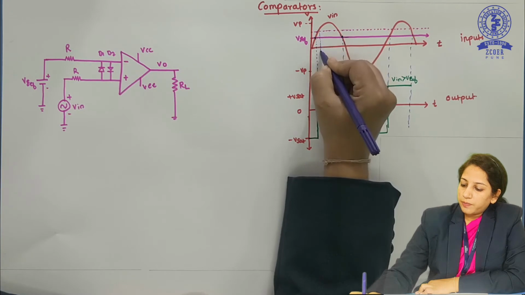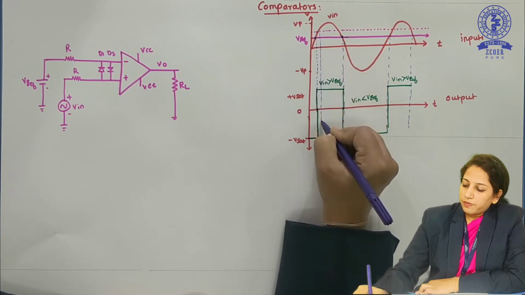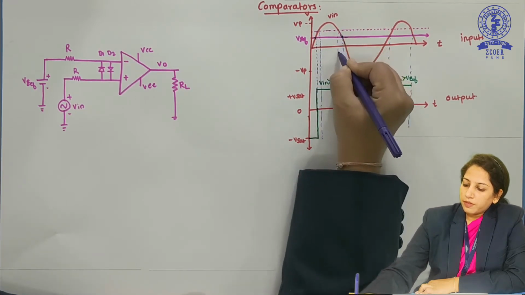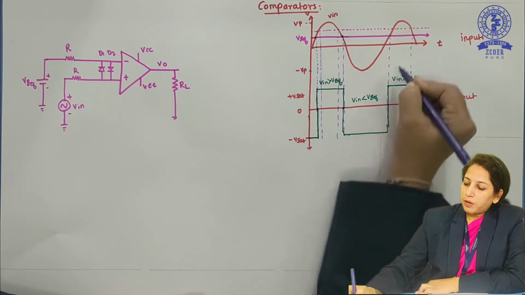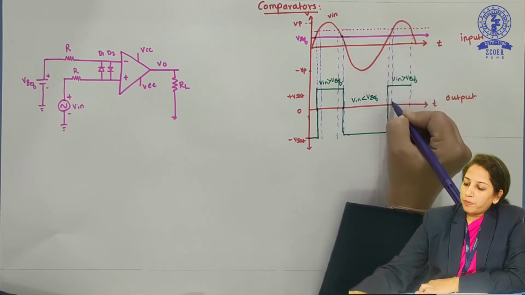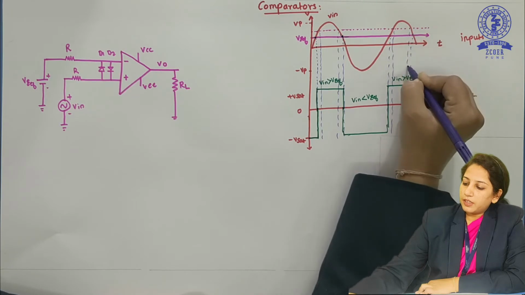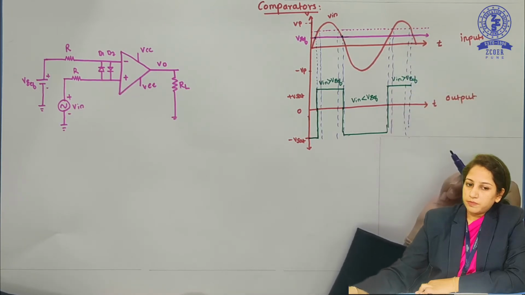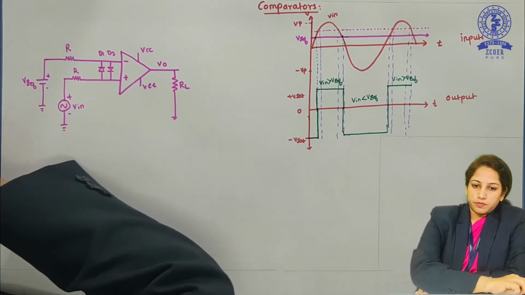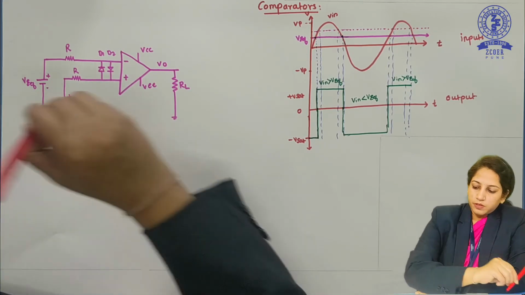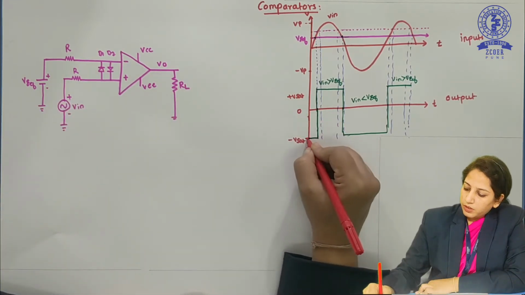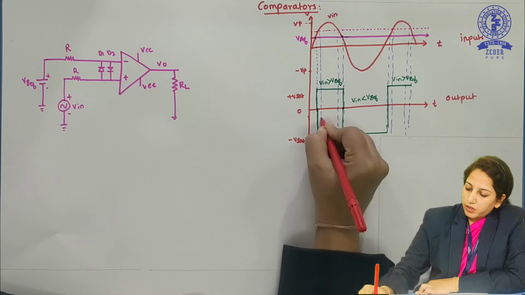Again my width of on period will lessen. So see, in the red mark I will show that it will go in this way.